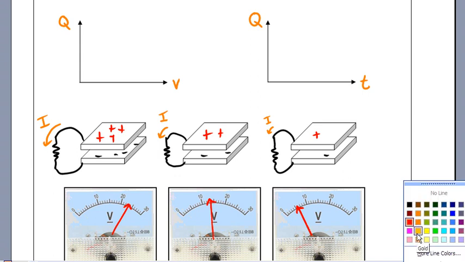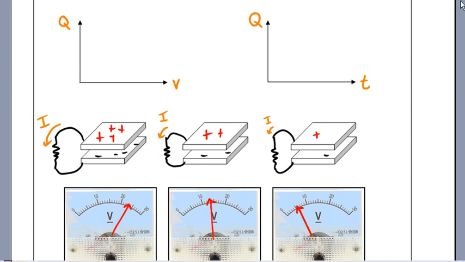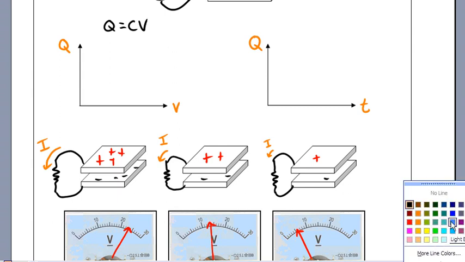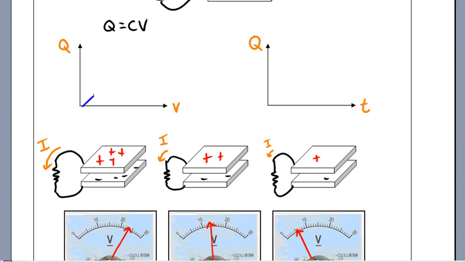Because of that relationship that says Q is equal to CV, with a good V comes a good Q to push onto the plates, and with good Q on the plates comes a good voltage to be registered by a voltmeter. You get this nice linear line, the slope of which is related to the capacitance.